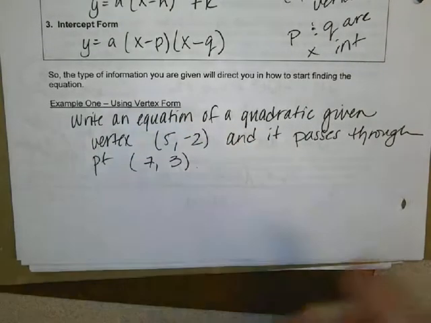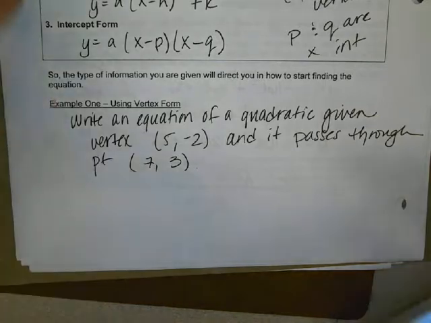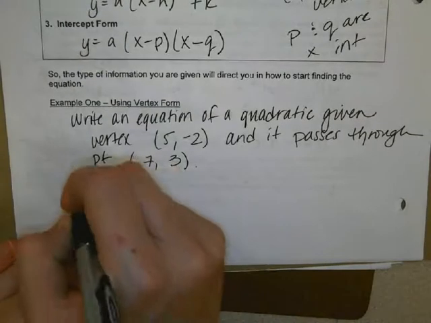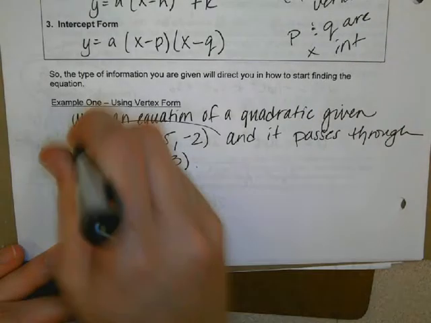Okay. So what you need to be aware of in these situations is each one of these numbers represents something that you're going to be plugging in. And the form that you're going to use is the vertex form. I know I have to use the vertex form because they gave me the vertex.